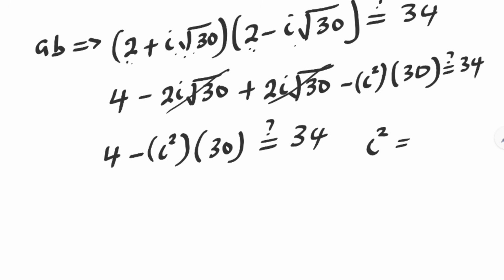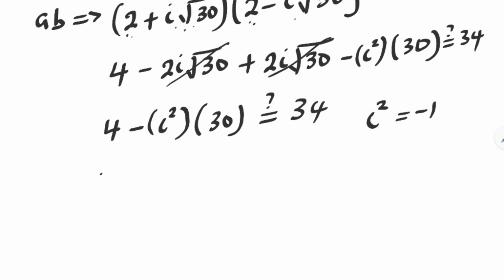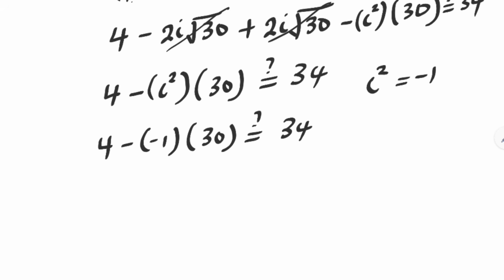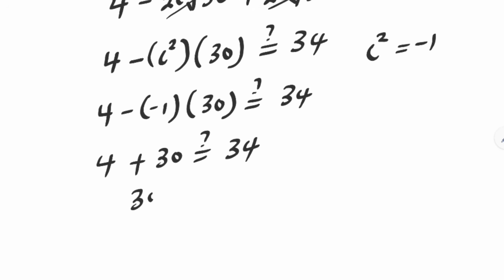I square is equal to minus 1. 4 minus bracket minus 1 multiplied by 30 must be equal to 34. Here, 4 plus 30 must be equal to 34. 4 plus 30, this is 34, is equal to 34, which is true.